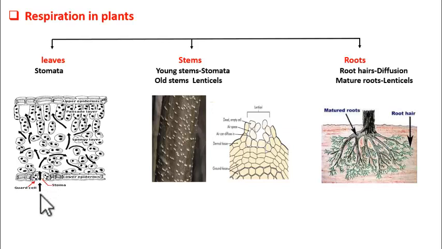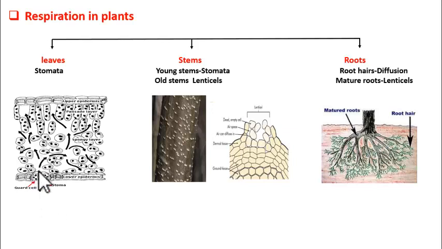So now, air from the atmosphere enters through stomata, goes into the air space, then into air channels, then touches every cell and diffuses into the cell. So the process of entry of air into stomata is by diffusion. What is diffusion? Movement of gases from high concentration or high pressure to low pressure. So oxygen pressure is more outside, less inside.